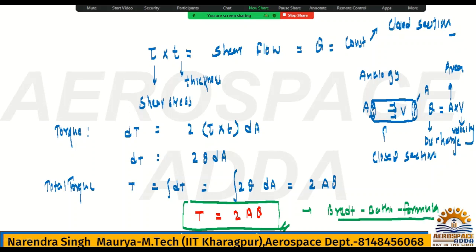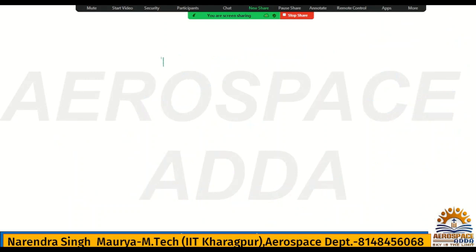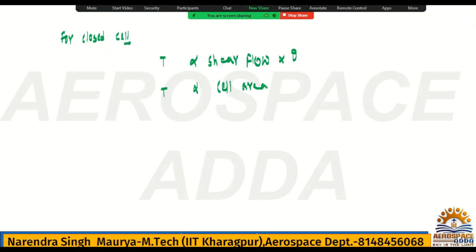If you check the conclusion here, what is the conclusion? For a closed cell, and for single mark questions, just listen: for the closed cell, torque is directly proportional to shear flow, that means Q. Torque is also directly proportional to cell area, which is nothing but A. That cell area can be anything.